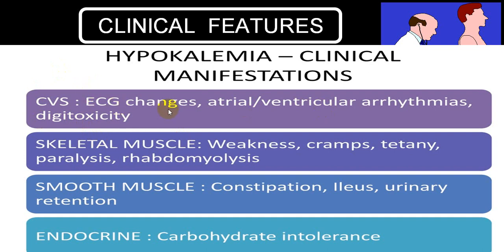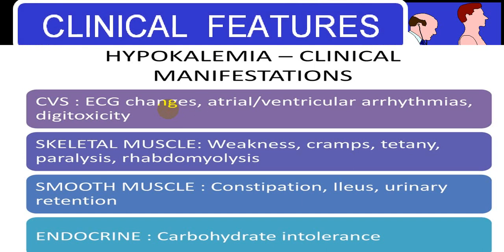As far as ECG changes are concerned, the person will develop ST depression, decreased T wave amplitude, P wave amplitude will be tall and broad, you will have slight prolongation of the PR interval and appearance of U wave. This will be very peculiar as far as ECG is concerned.